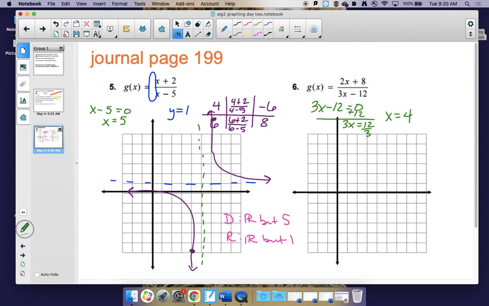So see where my axes are, and I'm going to do my asymptote over here at 4. And then my horizontal is just the coefficient, so it's actually just 2/3.